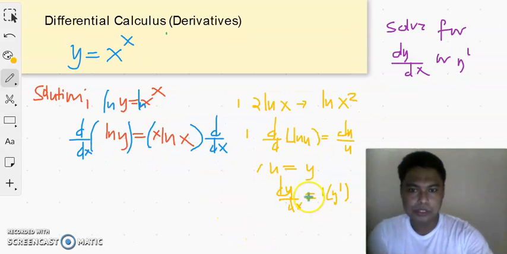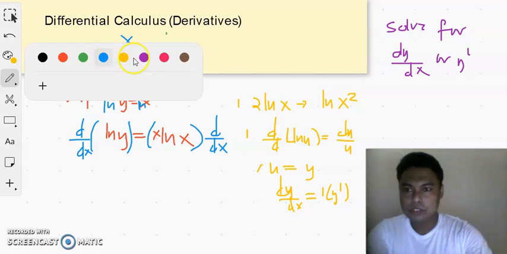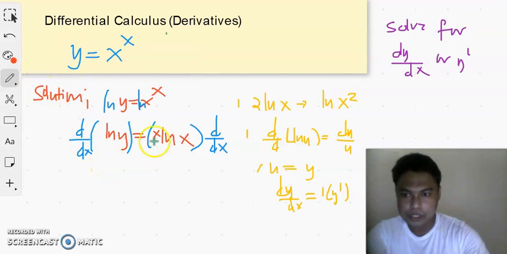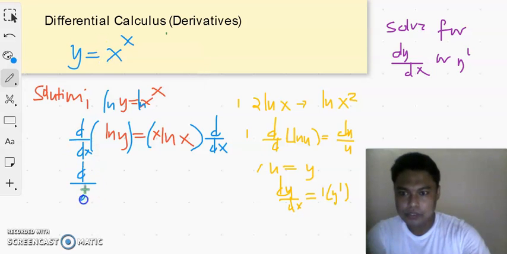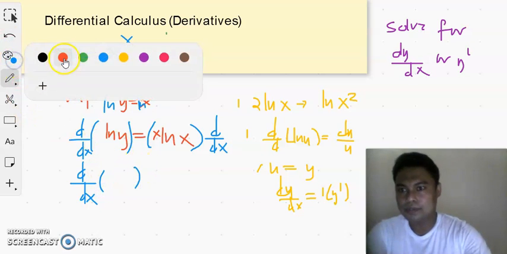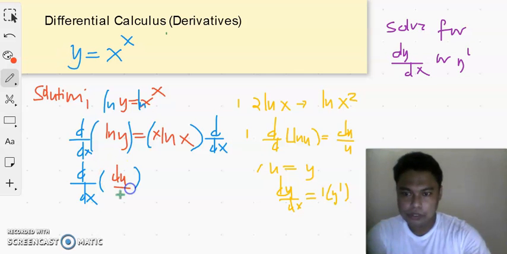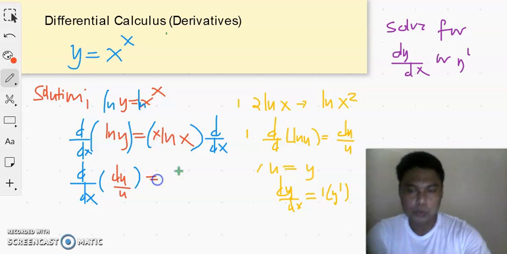And then for this part, we can have it as d over dx of x ln x.